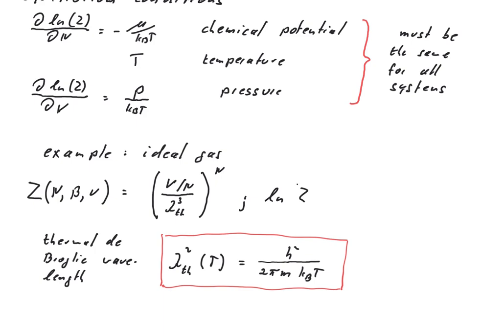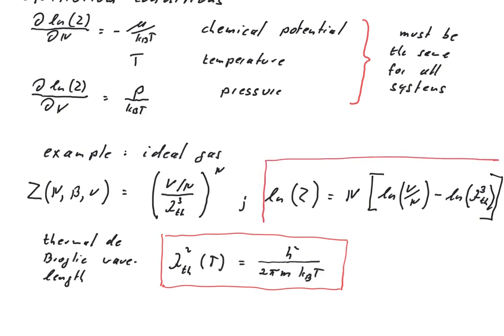Now, we saw that in particular the logarithm of the partition function plays a major role in defining equilibria. Hence, it's a good idea to just take the logarithm of the partition function, leading to the expression that the logarithm of the partition function is equal to N times the log of the volume per particle minus the log of the third power of the thermal de Broglie wavelength.